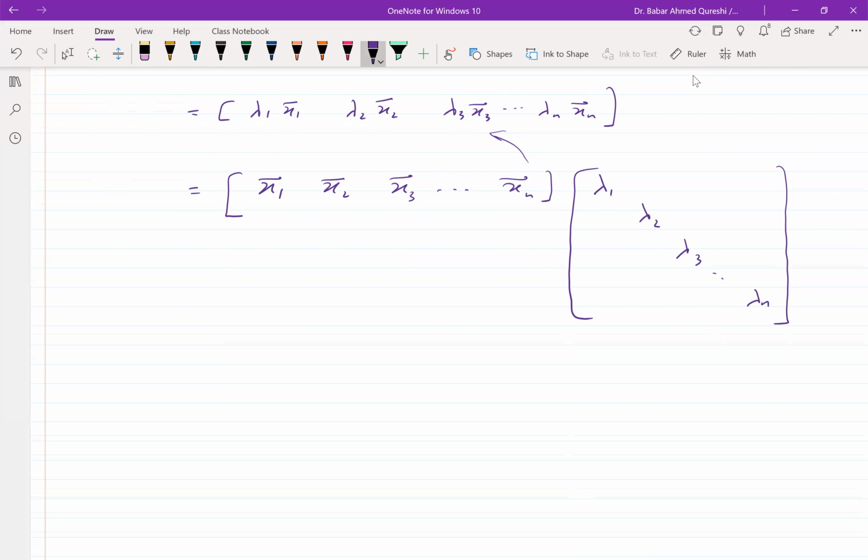So this is your matrix X, and this is a diagonal matrix with entries equal to the eigenvalues of A.